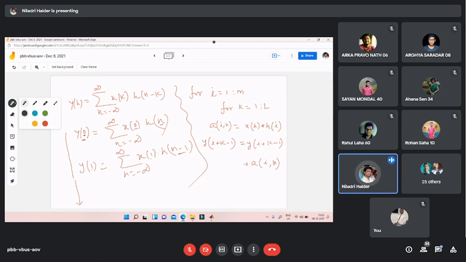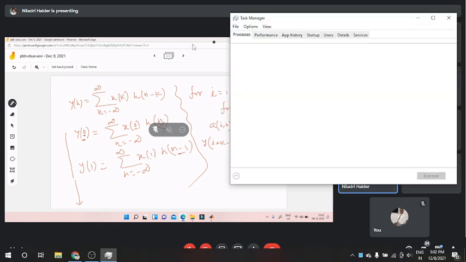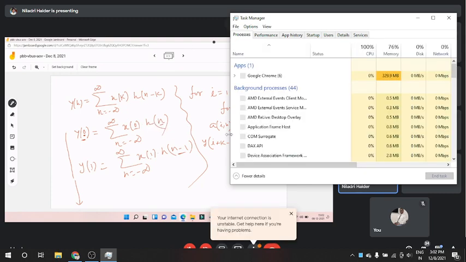Suppose, what is the value of m? What is m? The m is the length of h. Suppose for a small example I am explaining it, that will be very easy to make you understand.